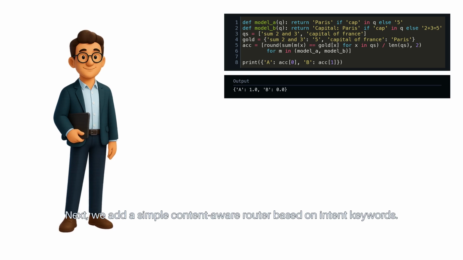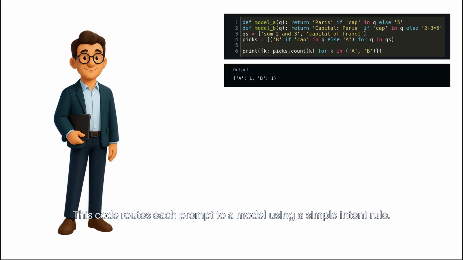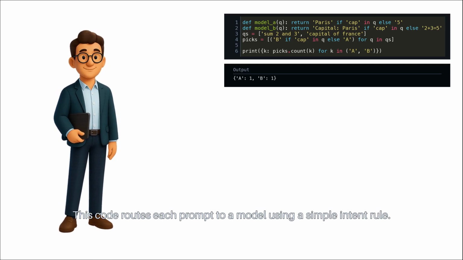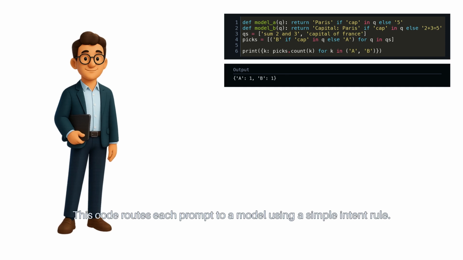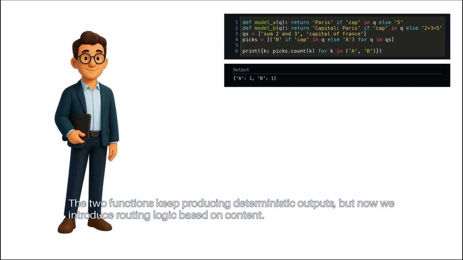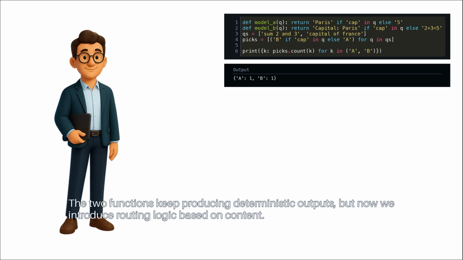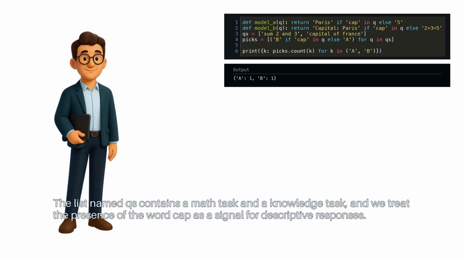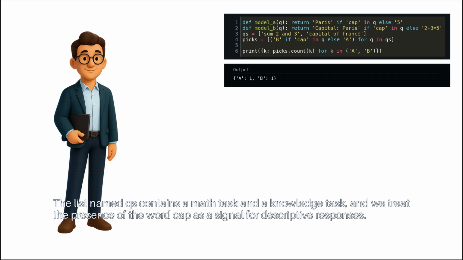Next, we add a simple content-aware router based on intent keywords. This code routes each prompt to a model using a simple intent rule. The two functions keep producing deterministic outputs, but now we introduce routing logic based on content. The list named QS contains a math task and a knowledge task, and we treat the presence of the word cap as a signal for descriptive responses.